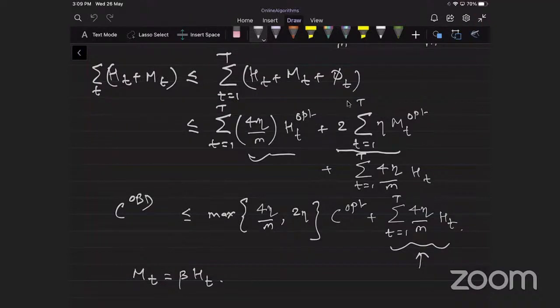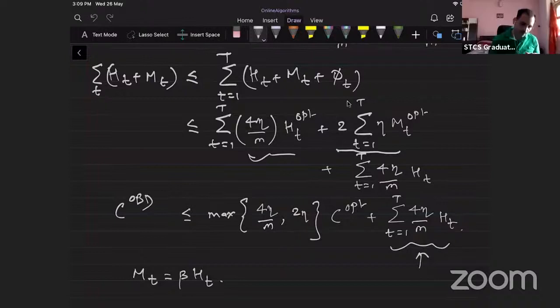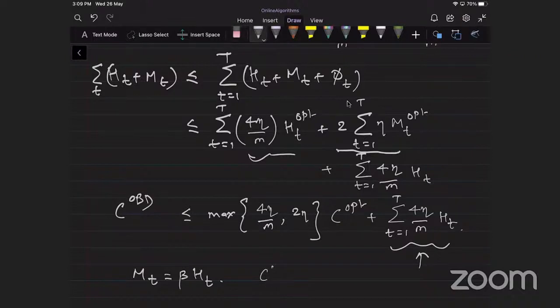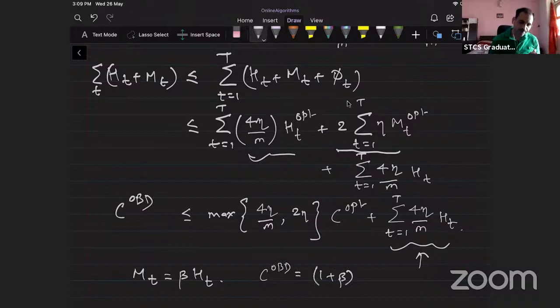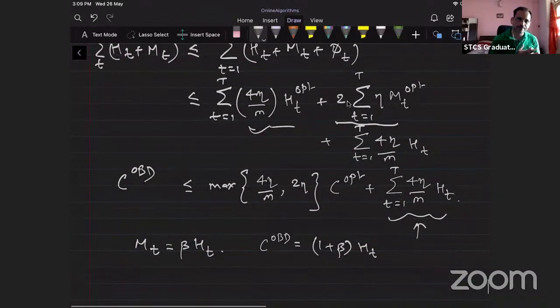COBD is equal to MT plus HT, so 1 plus beta times HT. 1 plus beta times how much? HT. Okay, so if I use that, what will I get?